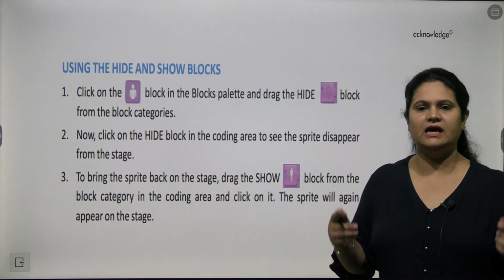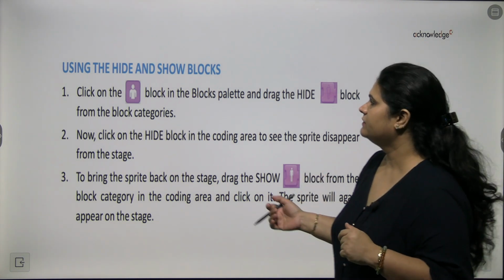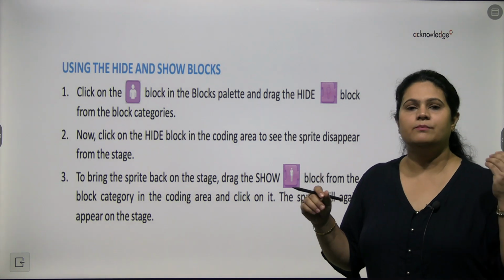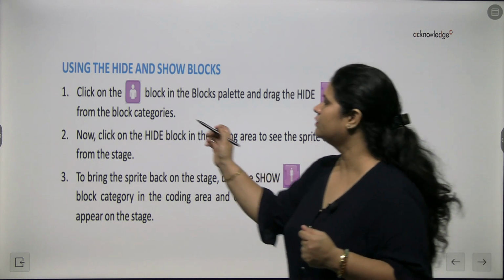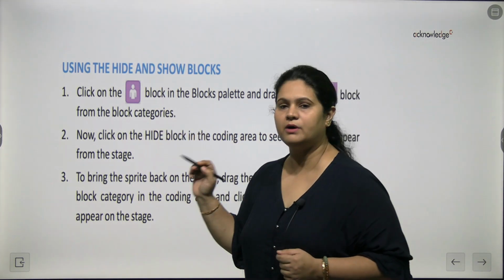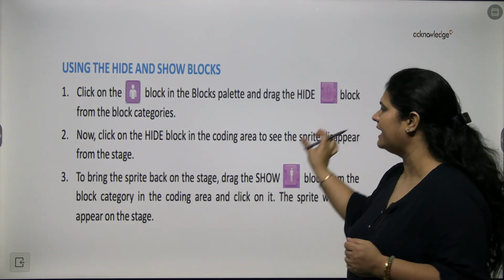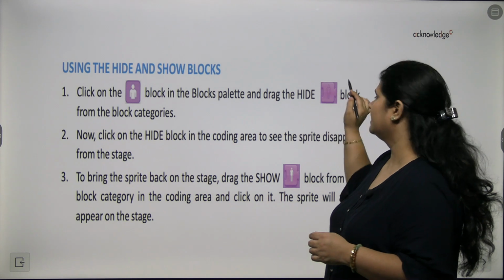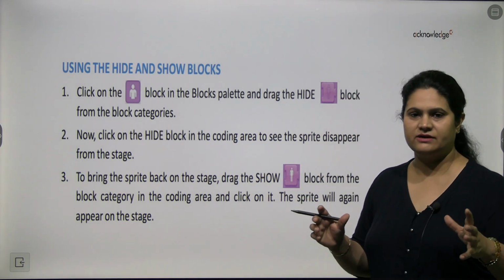Now, let's see how to use the hide and show blocks. For hide and show blocks, we have to use the blocks that are available in the looks category. First, we click on this purple block in the block palette and drag the hide block from the block category. This is the symbol for the hide block.